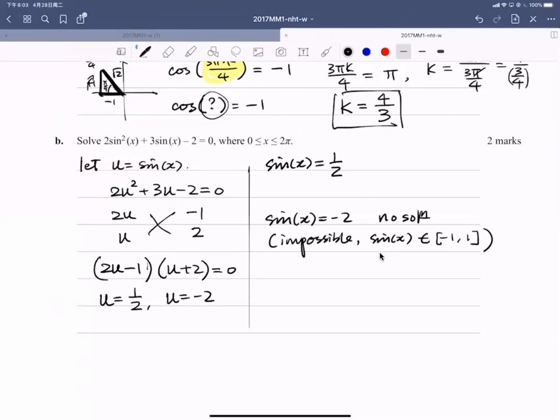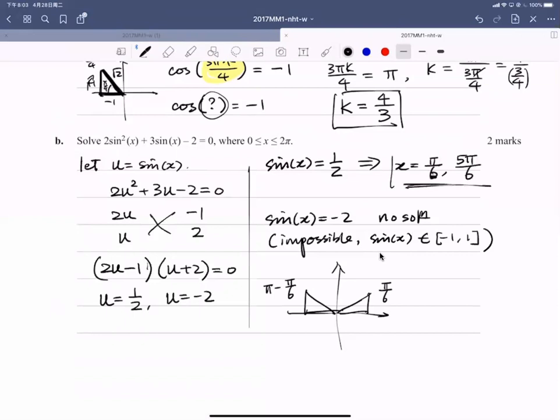Sine x equals half. Let's do a simple diagram. Here and here, okay? This is pi on 6. This is pi minus pi on 6, which means your only x values could be pi on 6 or 5 pi on 6, okay?